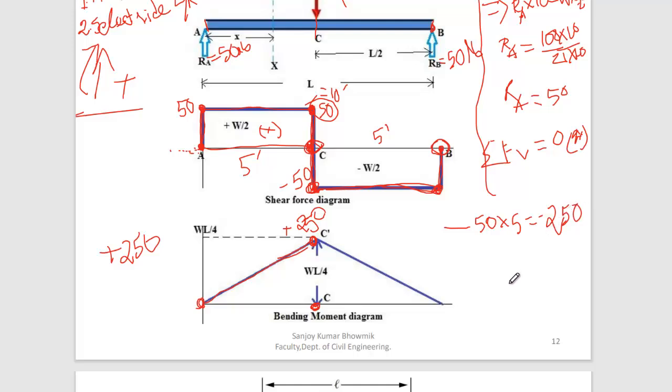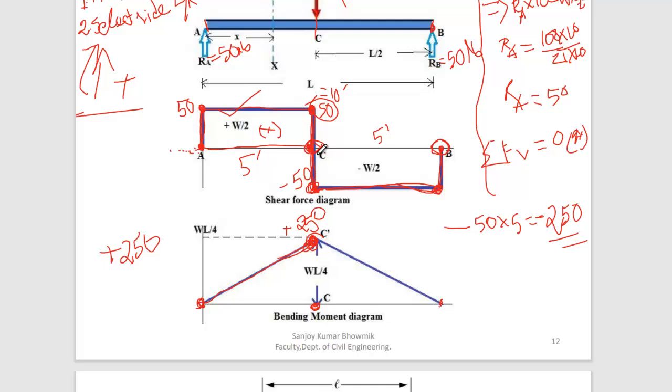So what does it mean? This portion generates 250. So this is the starting point and this is the ending point. Balance should always be at the ending point. So this is the starting point and this is the ending point for this segment. Where did you put the balance? In the ending point, right?